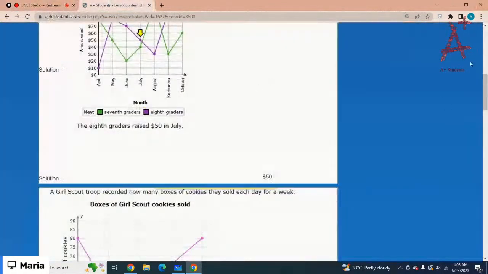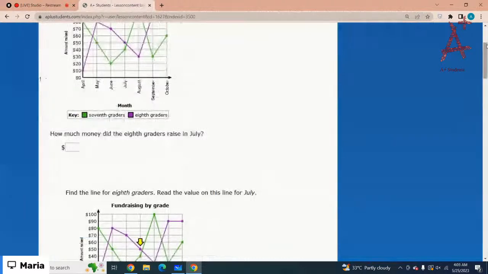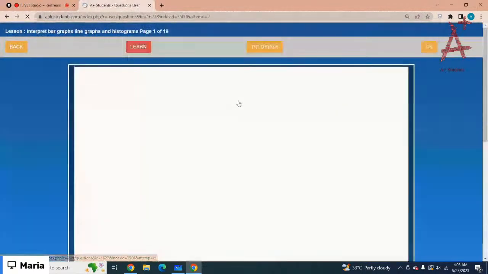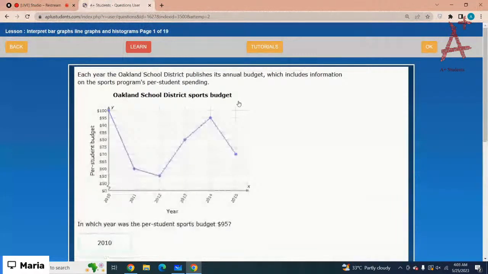Let's start with the test questions. Each year, the Auckland School District publishes its annual budget, which includes information on the sports program per student spending. In which year was the per student spend budget $95?